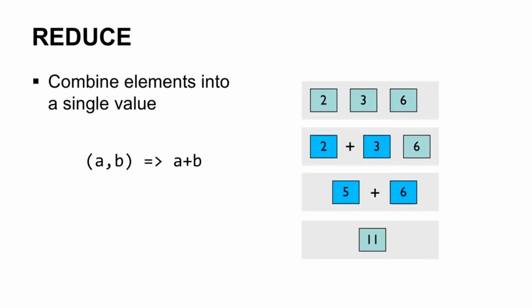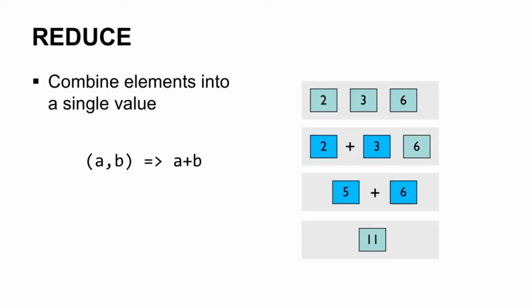Given A and B, give me their sum. The reduce operation starts with the first 2 elements as A and B and applies the operation to them, resulting in 5. It then takes that result as A and the next value as B, applies the operation to that, and that gives us the final value 11.